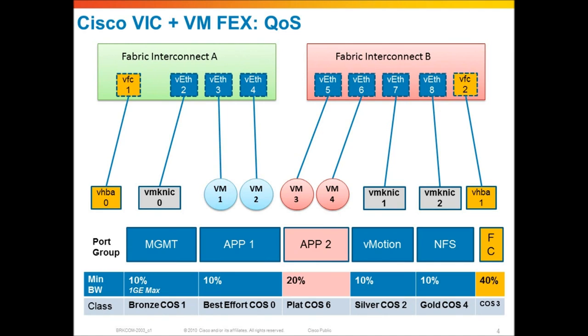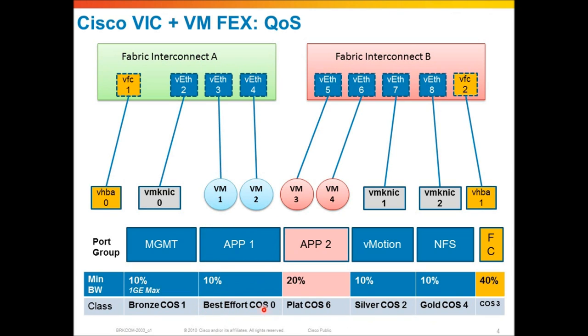Here's another example of combining the VM-FEX technology from the Cisco VIC with the QoS capabilities of the Cisco VIC. Now remember that VM-FEX really provides the logical architecture of VMs connected directly to a physical switch rather than a software switch. And in doing that, we can also create port groups that are assigned to profiles that are assigned to QoS policies.